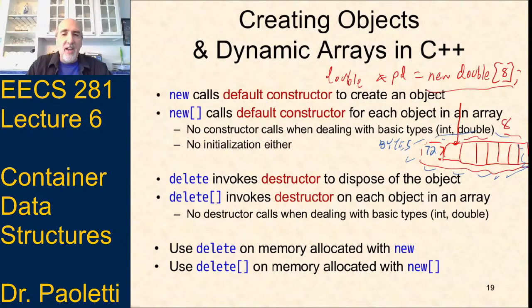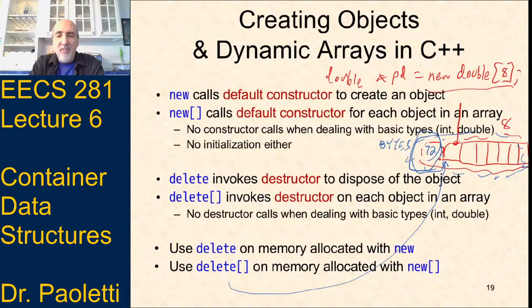So there's 8 doubles times 8 bytes each, that's 64. The size itself is 8 bytes, so there's 72 bytes that are actually allocated. So when you do a delete square brackets, what it does is it looks here, the pointer you gave it, it steps back 1 and gets rid of that many bytes.